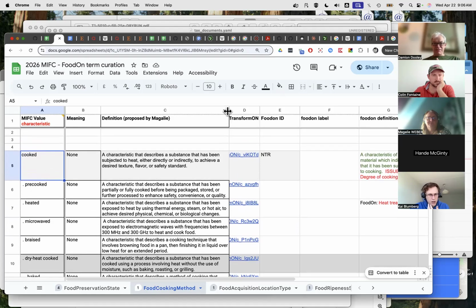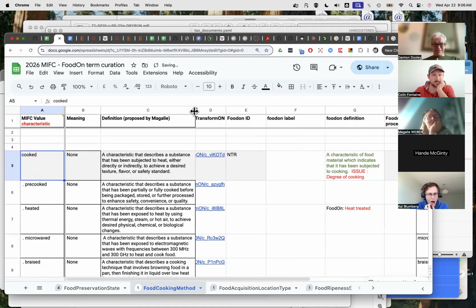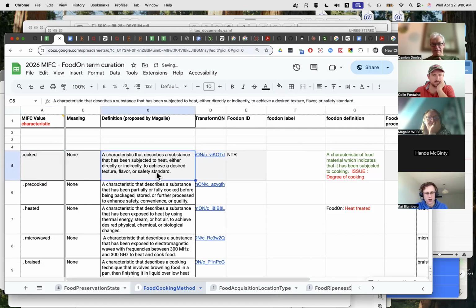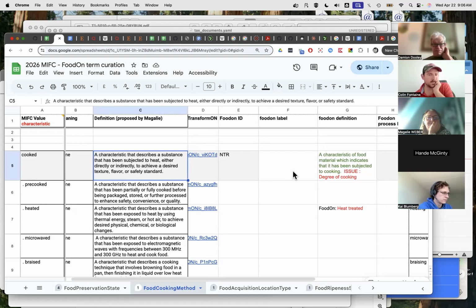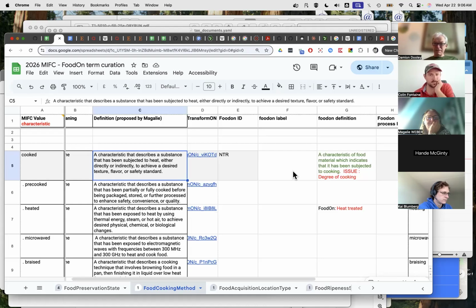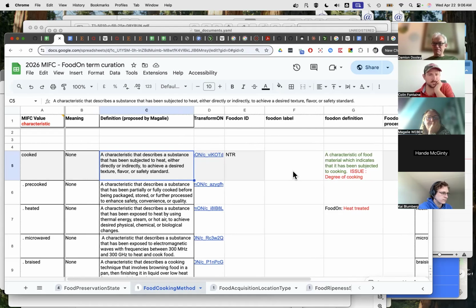And I see, Magali, you've got proposed definitions here. It's kind of similar to the previous tab where you're diving into defining the process. So I am proposing the same pattern that we just settled on: define the process and just have the characteristic refer to it.